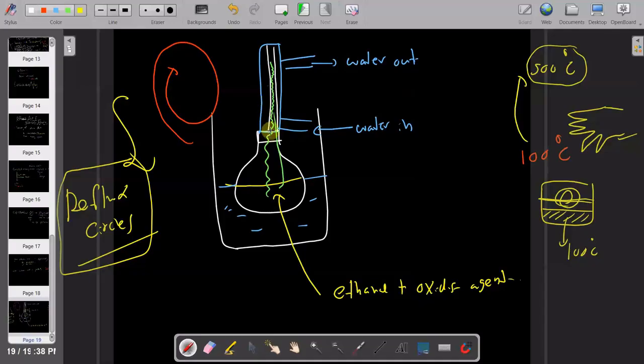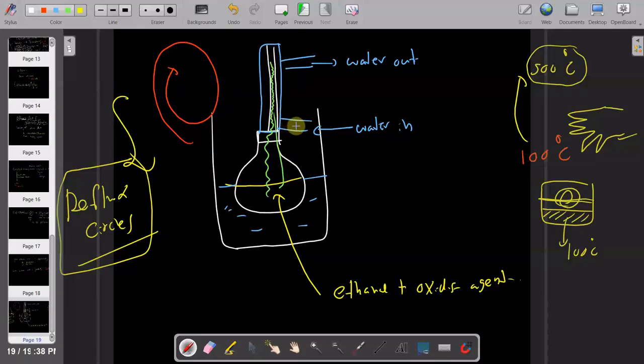This is a transparent glass chamber, so we can see the gases going up, getting condensed. So some droplets are again falling down. You can see it's happening. So we can see several phases going on, all inside this inner chamber.